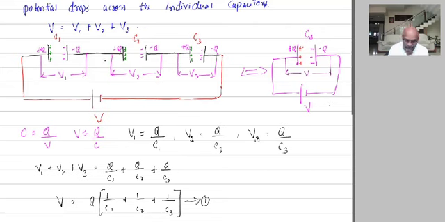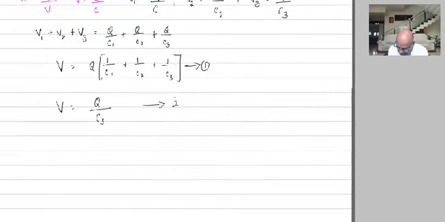Observe this: V1 is equal to Q divided by C1, V2 is equal to Q by C2, V3 is equal to Q by C3. Here V is equal to Q divided by Cs. Now this is equation number 2. Now just compare equations 1 and 2.